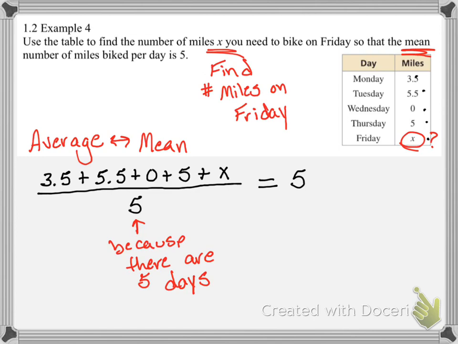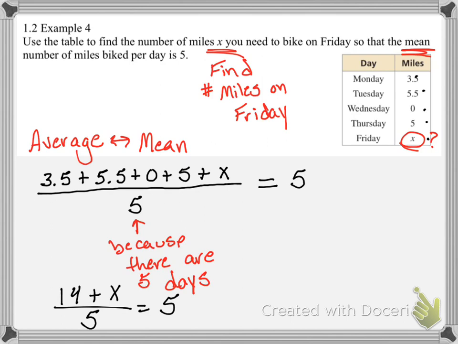And when it's all done, I want it to equal 5. So what can I do first? I can add everything but the x: the 3.5, the 5.5, the 0, and the 5. What do I get when I add those? 14. So I'd have 14 plus x, divided by 5, equals 5.